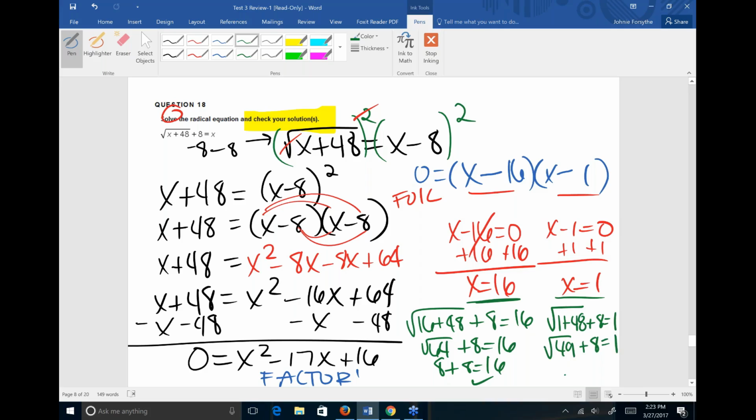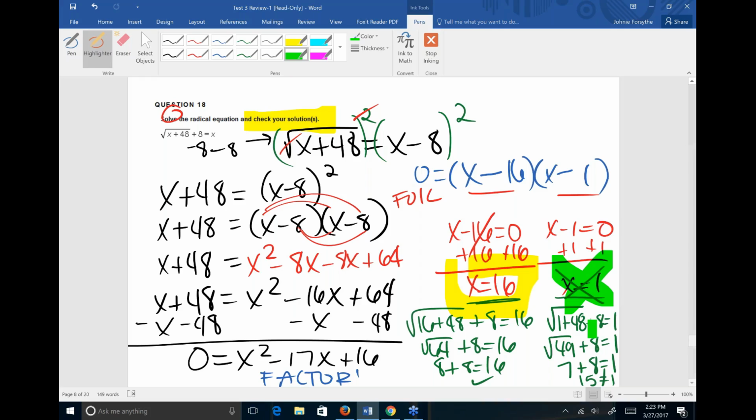The square root of 49 is 7, plus 8 equals 1. 15 equals 1. Not true. So we're not going to include x equals 1. That's an extraneous solution. So the only one that we want is x equals 16, because x equals 1 gives you an extraneous solution based on what we checked here.